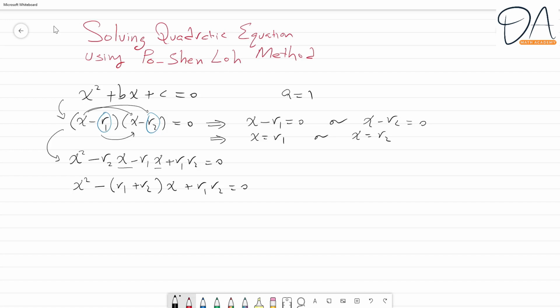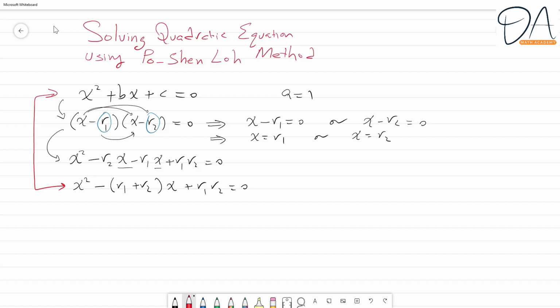What we'll do next is to compare the original form with this form. And we will notice that the coefficient for x squared in both forms is equal to 1. And the other thing that we can see is the coefficient of x.